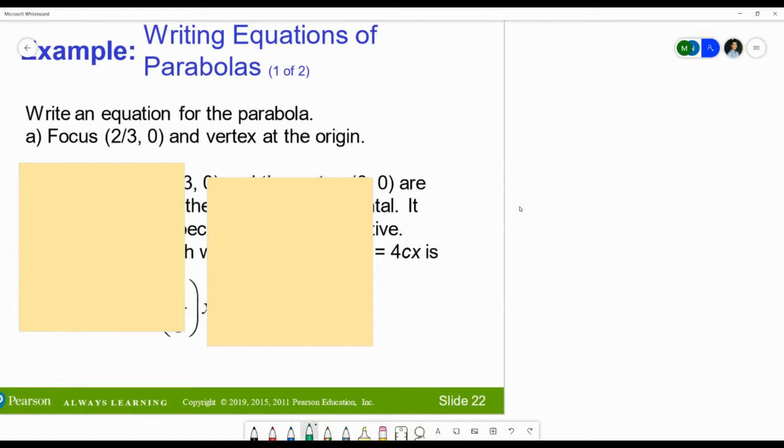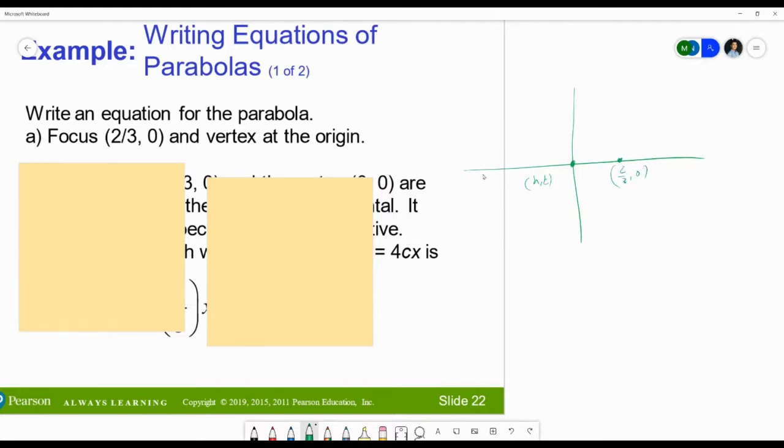I always suggest you plot this out just to give you a sense of where it's going. So we're going to plot maybe 2 points. The vertex is at the origin, that's my (h, k). The focus is at (2/3, 0).